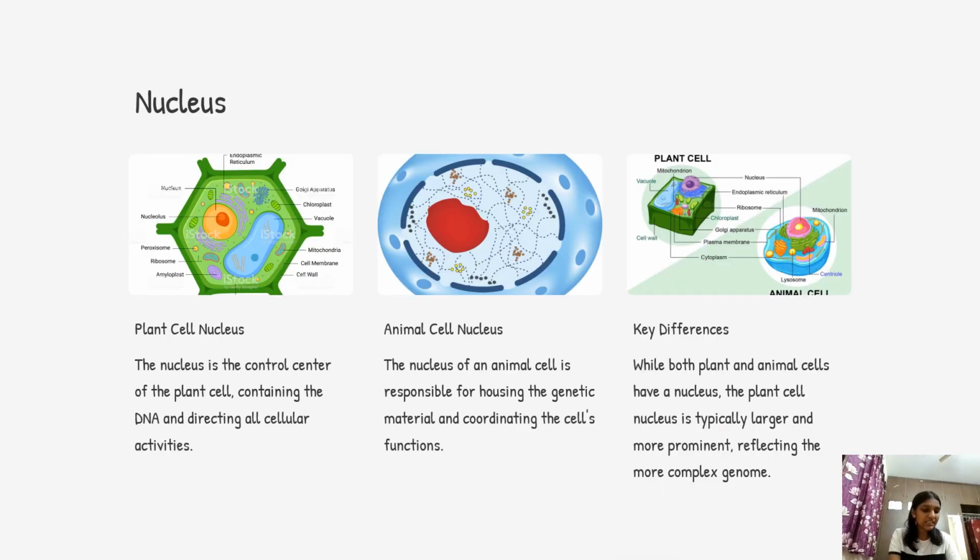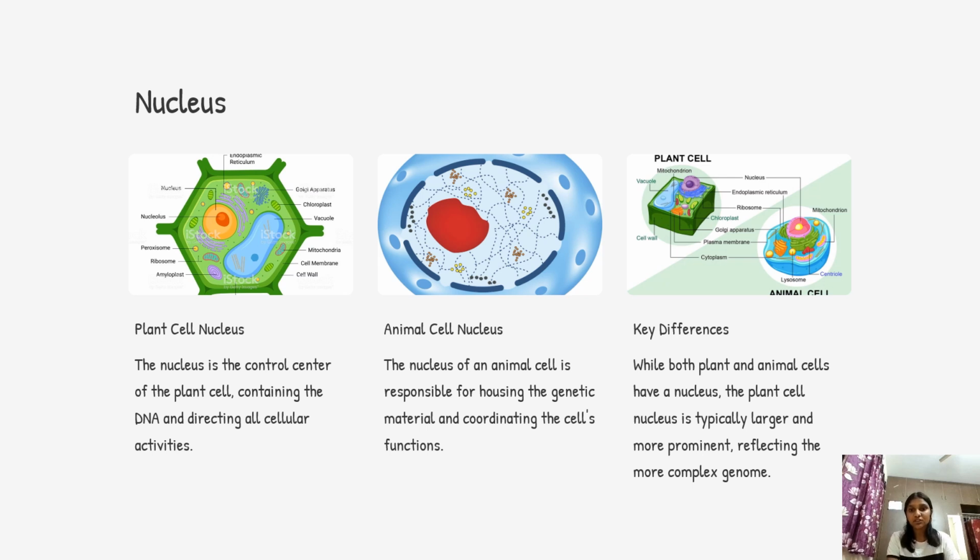Nucleus. Nucleus is the membrane-enclosed organelle within the cell that contains the chromosomes. The plant nucleus is the control center of the plant cell, containing the DNA and directing all cellular activities. The nucleus of an animal cell is responsible for housing the genetic material and coordinating the cell's functions.